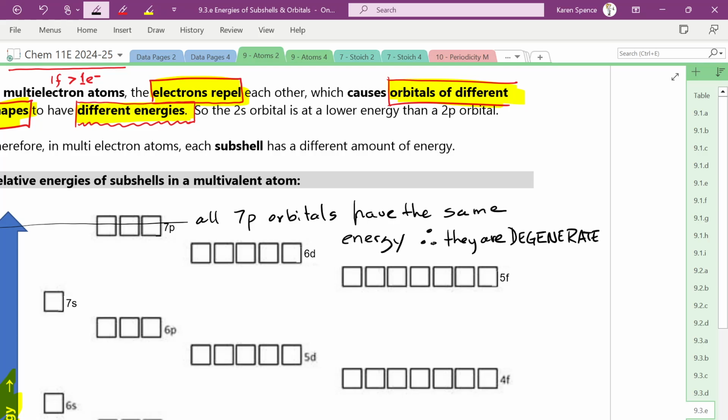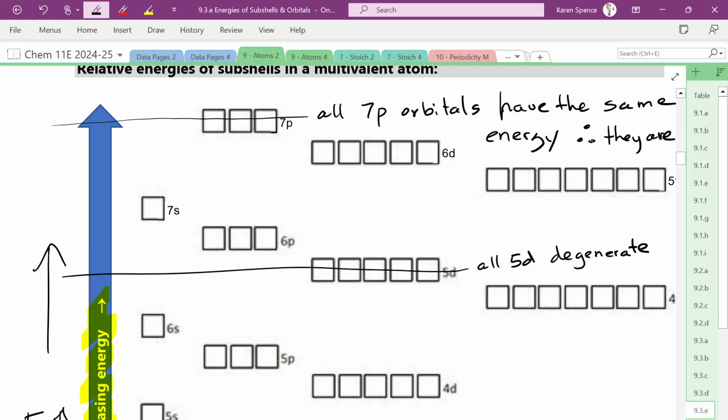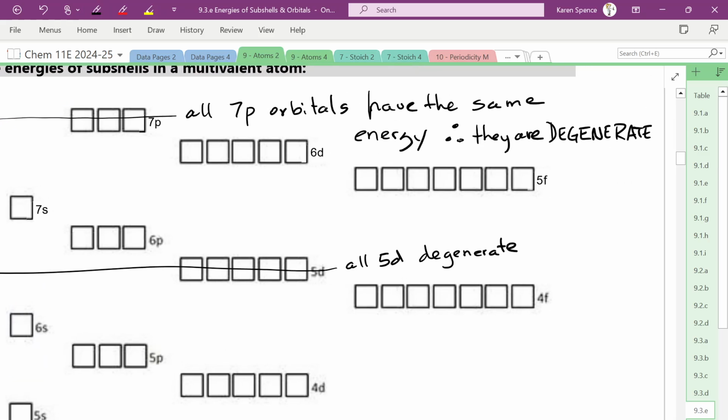And you can see whatever subshell you're in, the 5d, all of those orbitals are degenerate. But they're different from the 5f. Yeah, 5f is different than the 5d.